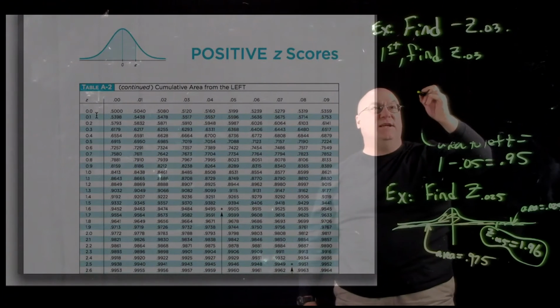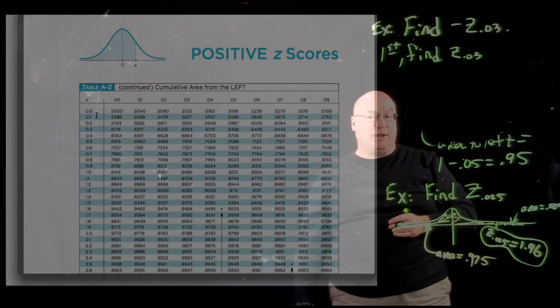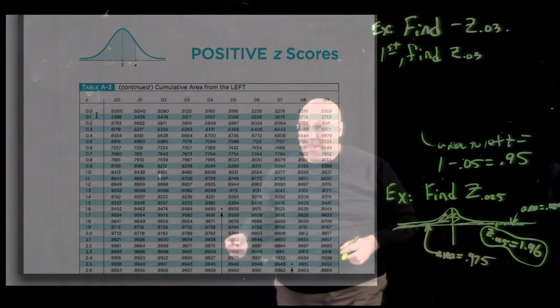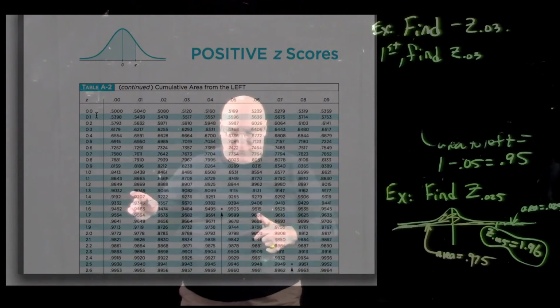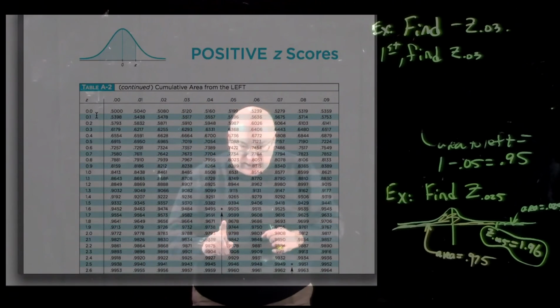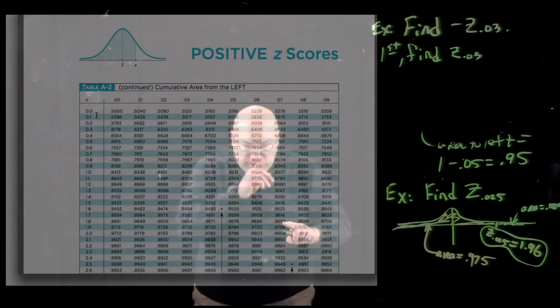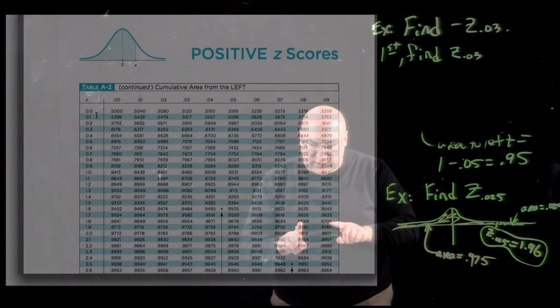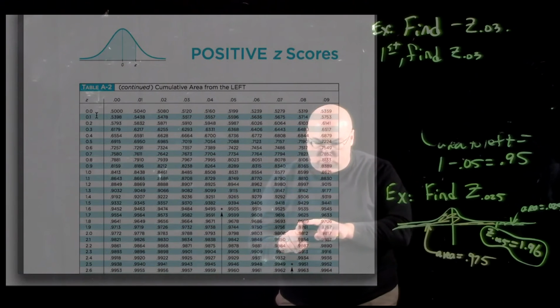And that means I need to find the z-score that has 0.97 area to its left, correct? So I come back over here and I look for 0.97 area, and I have 0.9699. That's pretty good. 0.9706, that's over more than this is under.